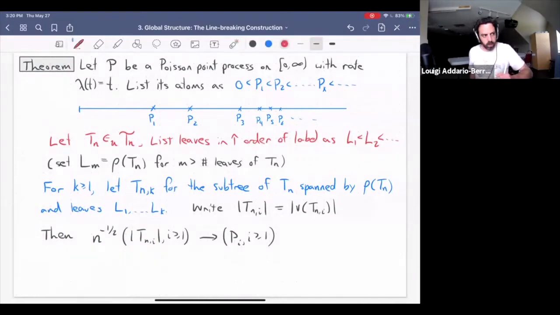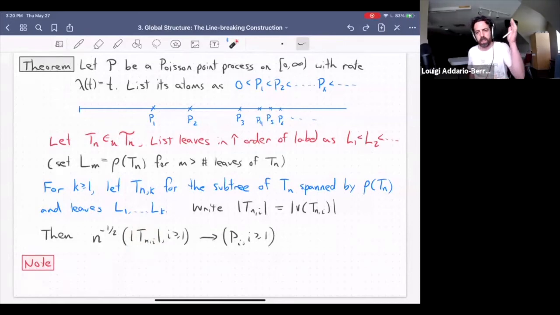In particular, we'll prove the theorem, but then we'll go a little further than that. But let me first remark that this is an extension of the result about the Rayleigh distribution, because if we look at the case I equals 1 of this statement, it relates to the size of the tree that just goes from the root to the first leaf.